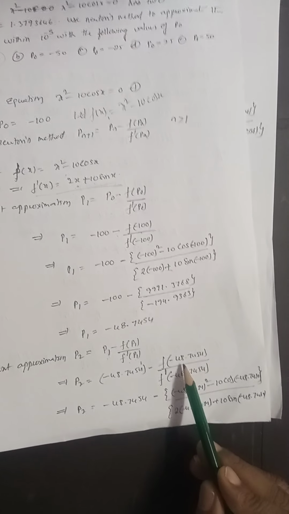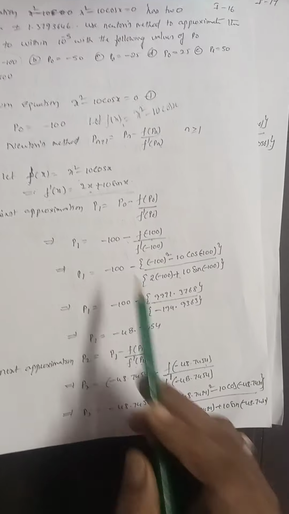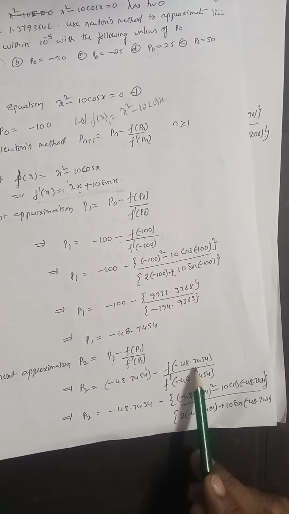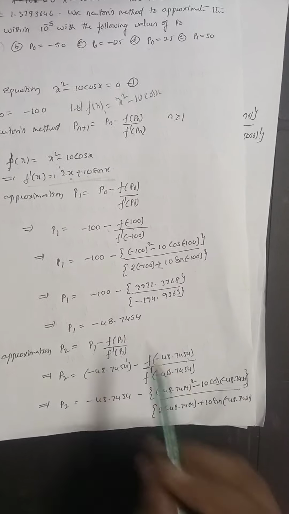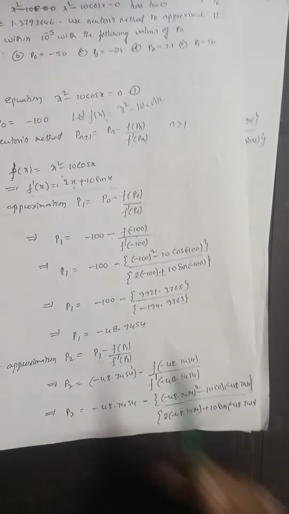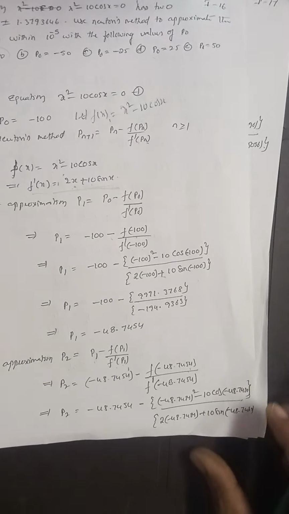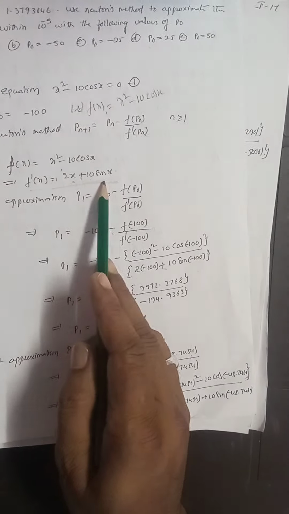Now f of minus 48.7454 we have to calculate, right. In the place of x I have to substitute minus 48.7454. See here, minus 48.7454 whole square minus 10 cos of minus 48.7454 by f dash. We know f dash is 2x plus 10 sin x.